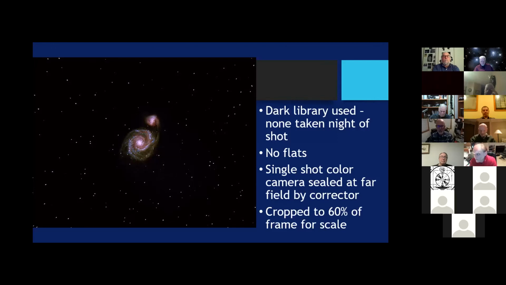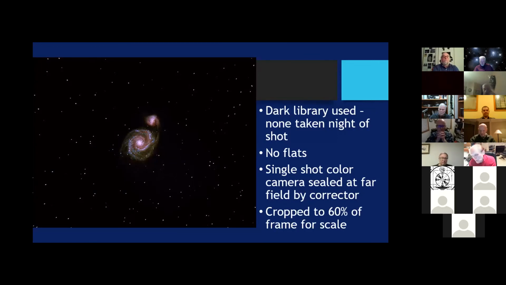There were no flats used on this because the optical path was clean. I described it that way, because I could get away with this because I used the single shot color camera I just showed, and it was sealed at the far field. And I had cleaned everything in between. And I didn't have to crack it open, so I didn't have to worry about dust donuts or any of that stuff.